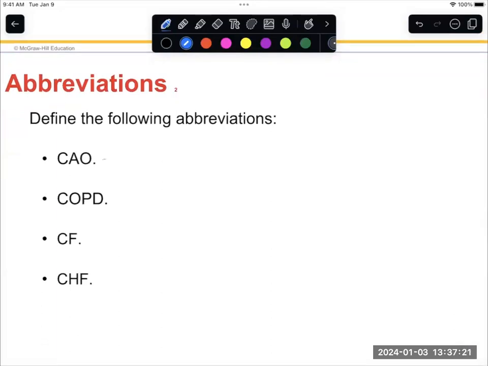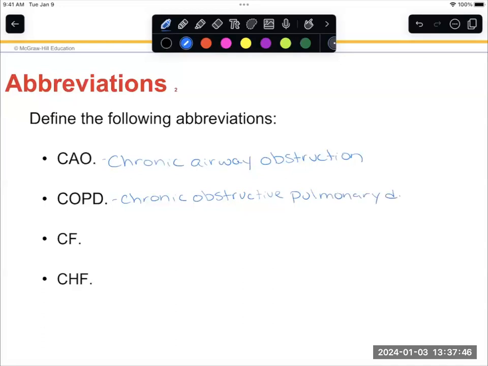CAO, I had mentioned it. Chronic airway obstruction. COPD is chronic obstructive pulmonary disease.